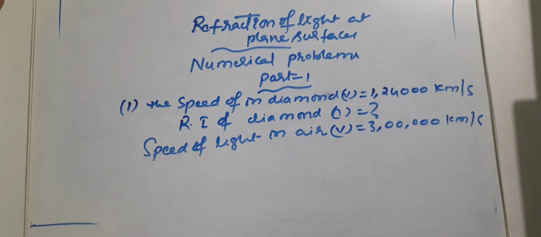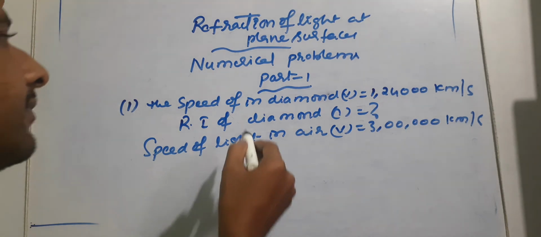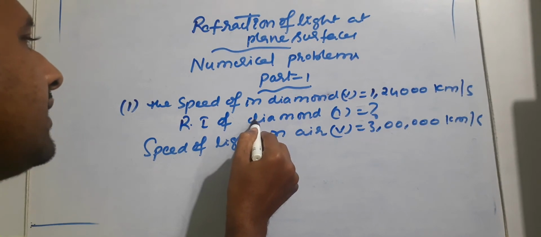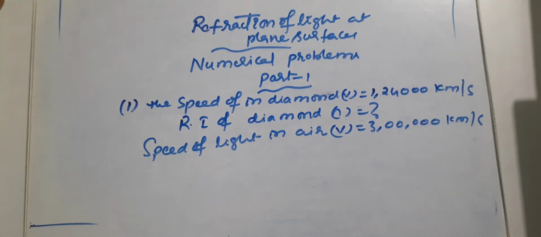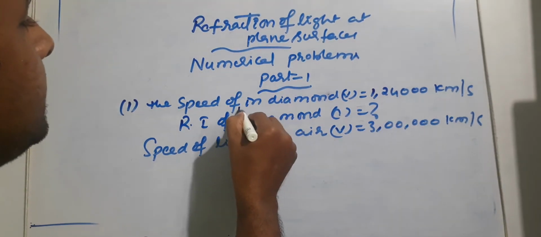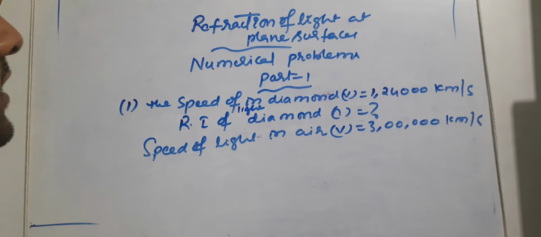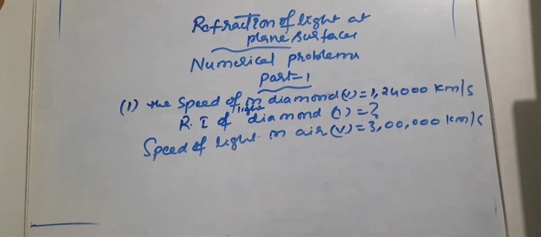So we want to find the refractive index of the diamond. Students, once again telling the problem: the speed of light in diamond is given as 1,24,000 kilometer per second, and if the speed of light in air is 3 lakh kilometer per second, what will be the refractive index of the diamond we want to find?